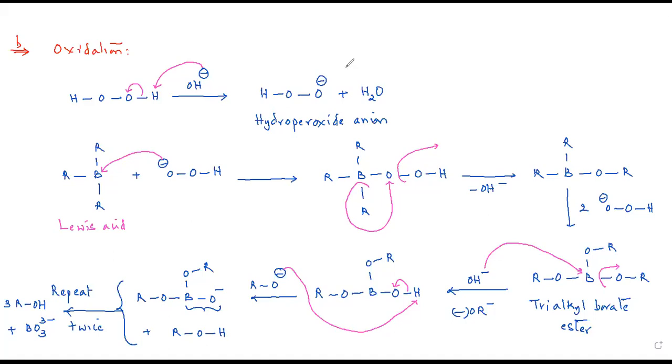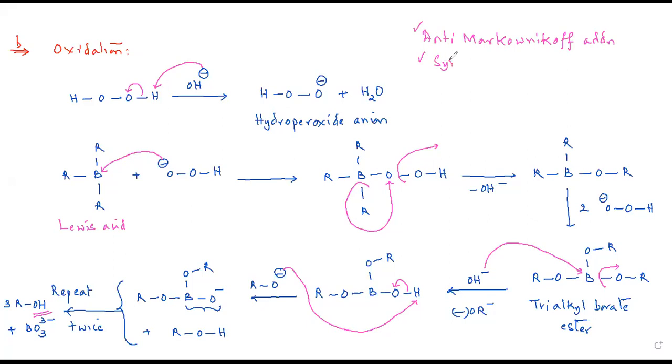Hope this actually gave us the clarity that the OH group that we got is from the hydroperoxide. And here, the overall thing is anti-Markovnikov addition. So the regiochemistry is anti-Markovnikov addition.